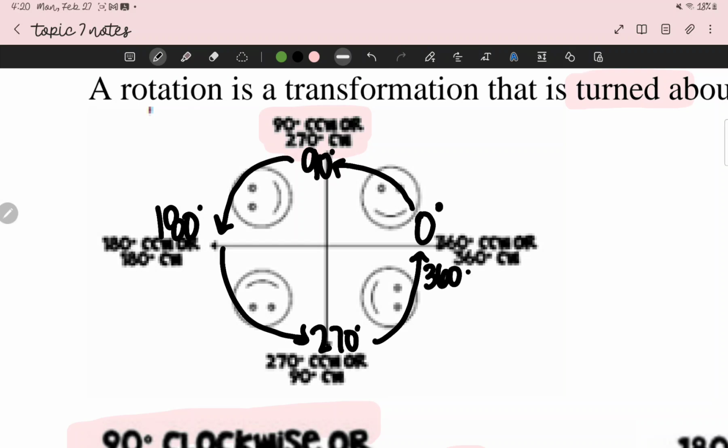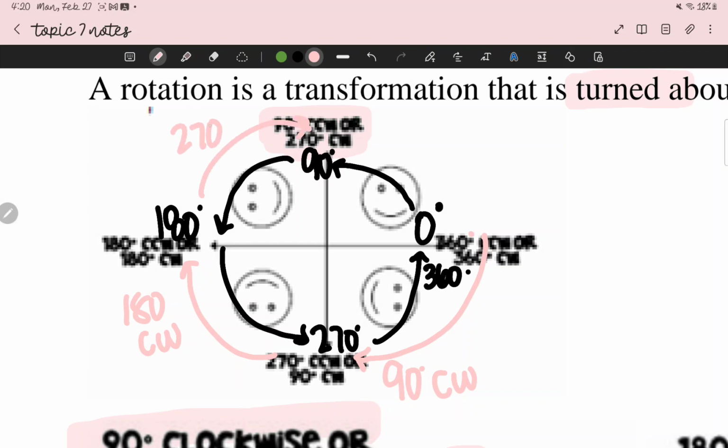Okay, and of course that would be counterclockwise when I'm going up, and then it'd be clockwise going the opposite direction, where I'm going down in the direction of the clock. So here would have been my 90 degrees clockwise. Keep going, I got 180 degrees clockwise, again 270 degrees clockwise, and one more for my 360 degrees clockwise.